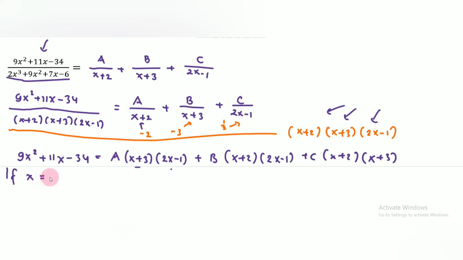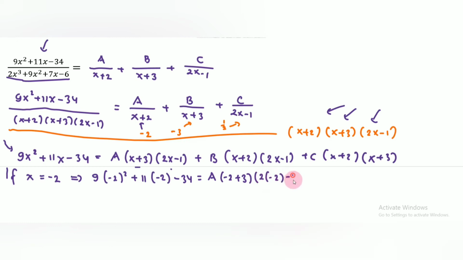if x equals -2, the first zero, the whole thing will be 9 multiplied by -2 squared plus 11 multiplied by -2 minus 34 equals, let me just write, a times (-2 plus 3) multiplied by (2 times -2 minus 1).